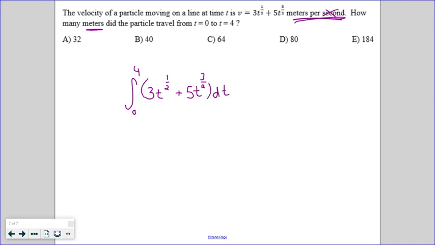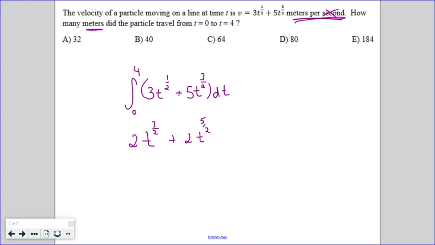All right, so looking at this, we're going to go ahead and pretend that this one is a no calculator. So let's talk through our antiderivatives here. 3t to the 1/2 would have come from a t to the 3/2. Add 1 to that exponent. 3/2 times something gives me 3. So that something would be a 2. 2 times 3/2 is 3. 5t to the 3/2 would have come from, again, add 1 to that. 3/2 plus 1 is 5/2. 5/2 times something gives me 5.